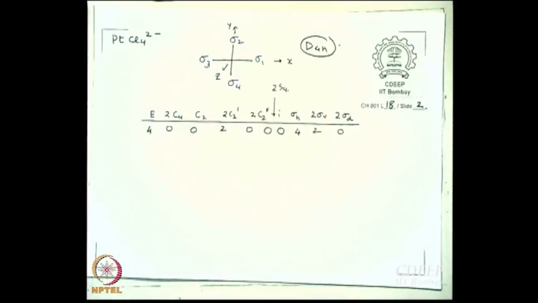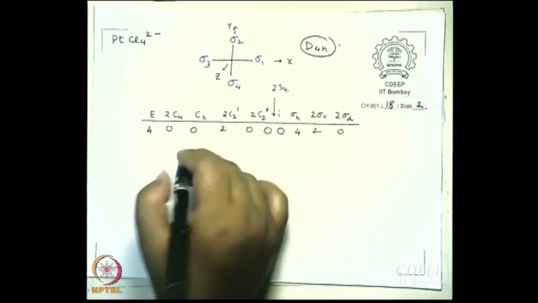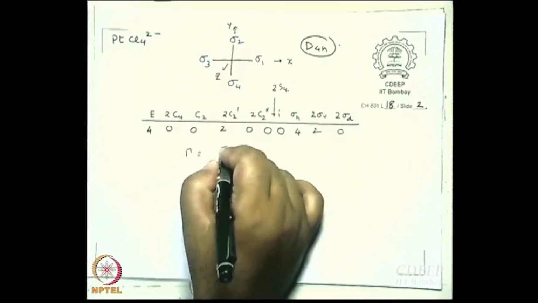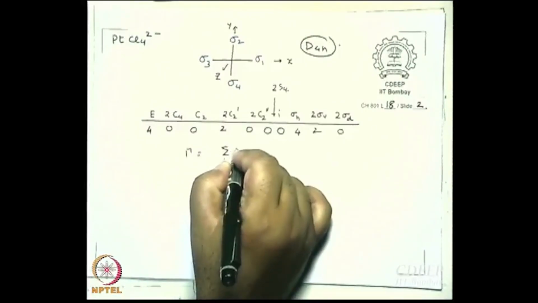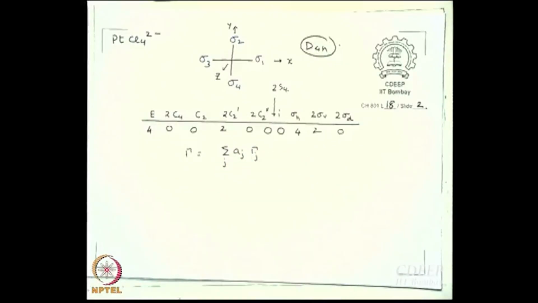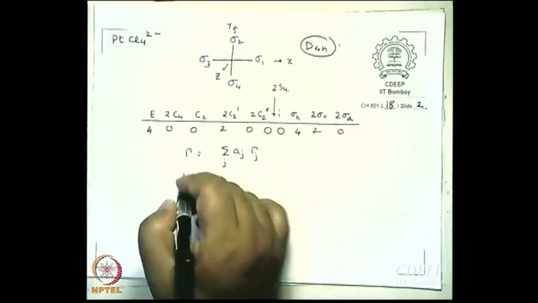Next step is to break this down into the constituent irreducible representations. What is the relationship we use? Gamma equal to sum over j, aj, gamma j, and every time I forget whether I wrote i or j the previous day, doesn't matter, right? And what is aj?